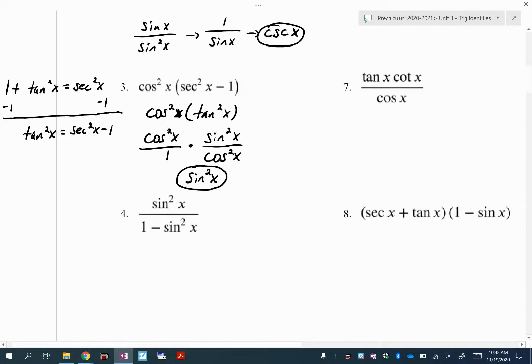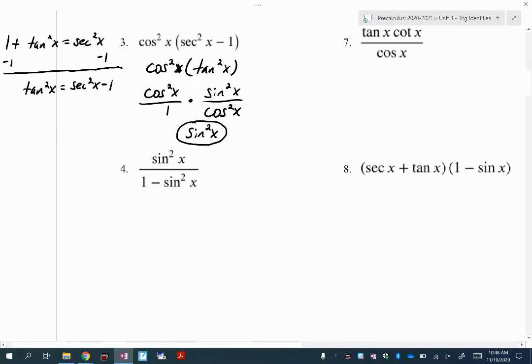Number 4, sine squared x over 1 minus sine squared x. So I'm going to use one of my Pythagorean identities, which says sine squared x plus cosine squared x equals 1. And if I move the sine squared over with subtraction, I'm going to get cosine squared x equals 1 minus sine squared x, which is what I have in my denominator.